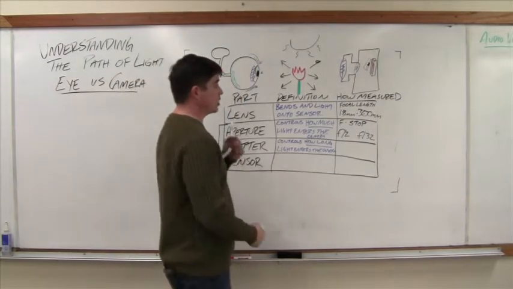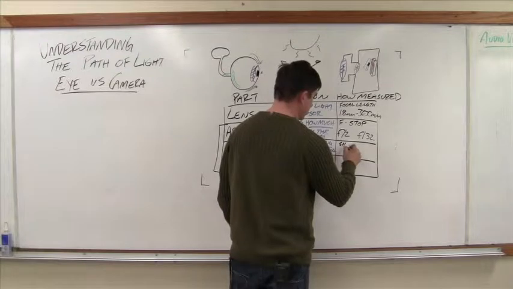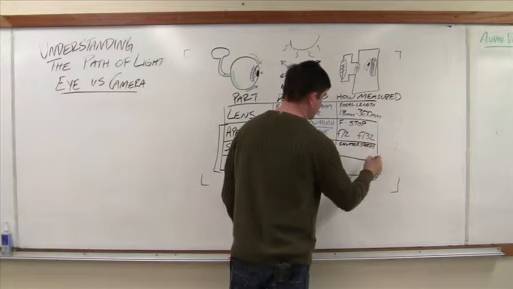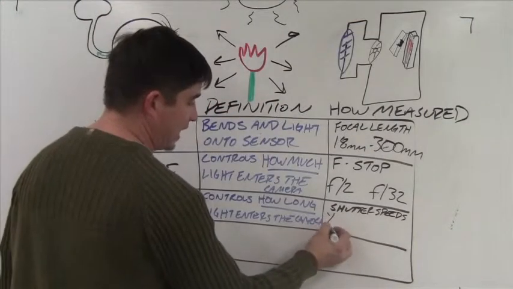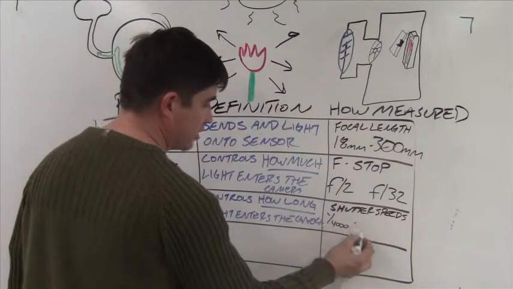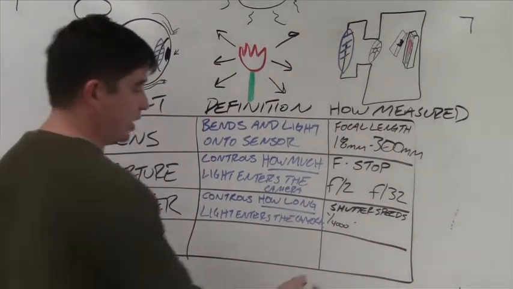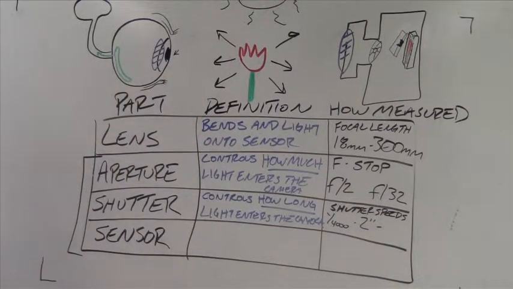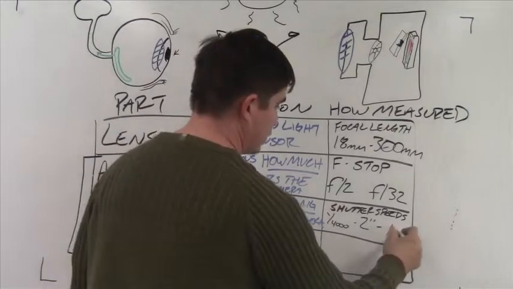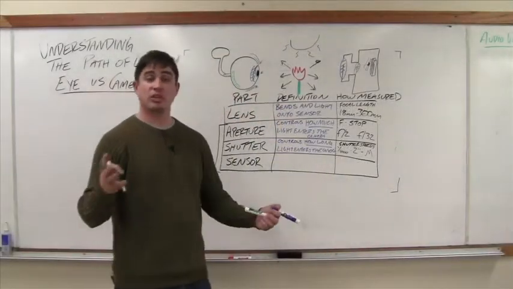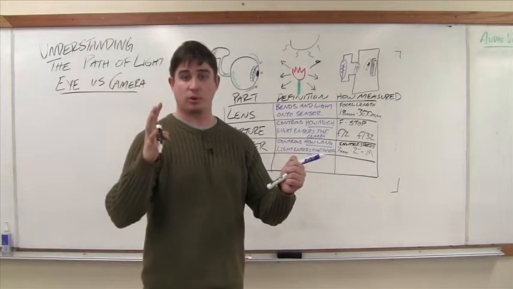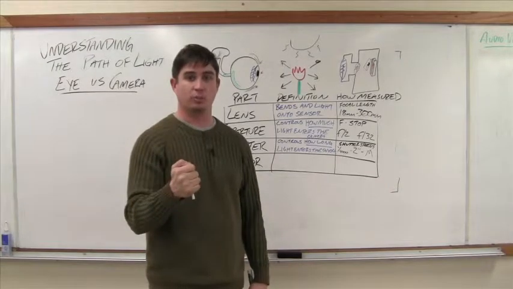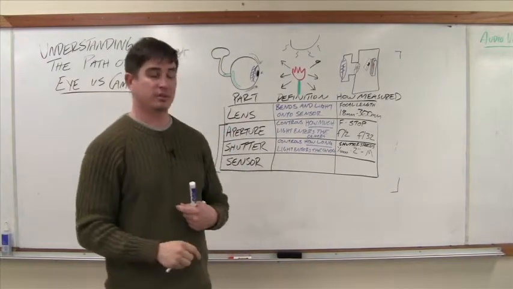And shutter is measured by shutter speeds. Okay. We can have it as quick as 1/4000th of a second. We can set it up to be a 2-second exposure. Or we can manually hold down that shutter to produce images such as pointing your camera up to the North Star and capturing the rotation of the Earth. Someone had to manually hold that shutter open while that happened.